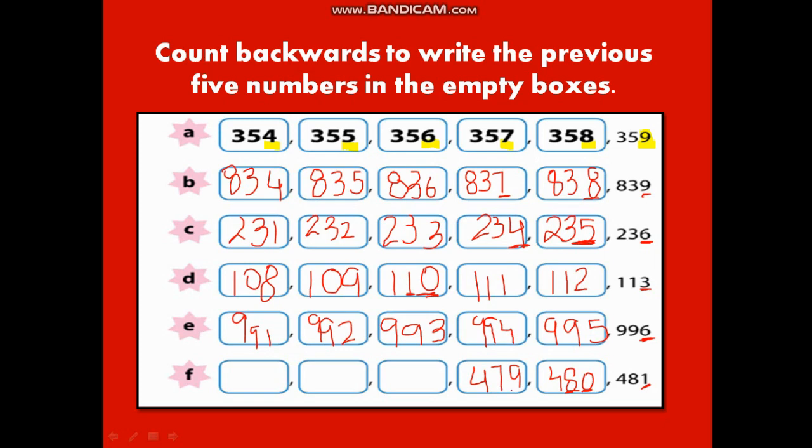If we hide this 4, we can understand that 80 and then backward counting is 79. So 478, 477, 476. So all correct.